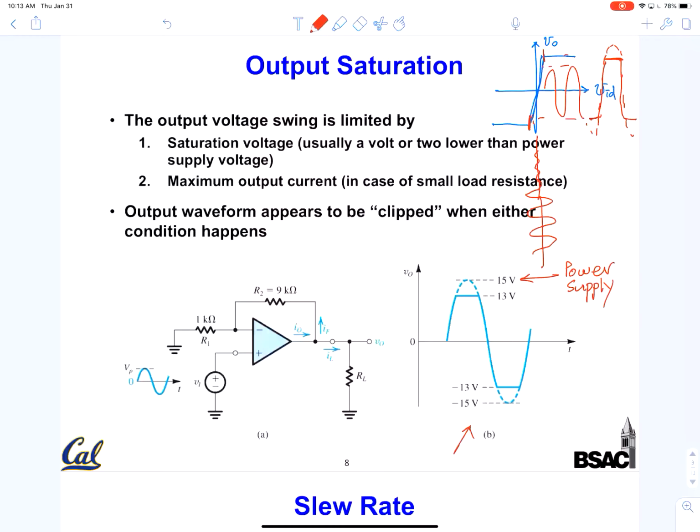In this example, 2 volts are taken up by the internal circuit, so from the output terminal you can go up to 13 volts. In your circuit design, this is one of the parameters. Sometimes you will try to optimize your circuit to have a minimum drop in this maximum swing.